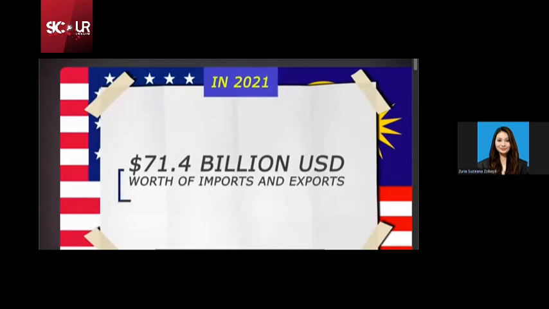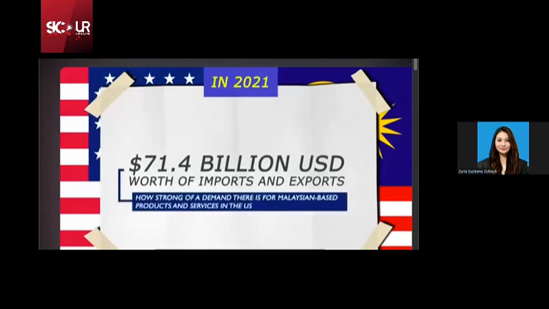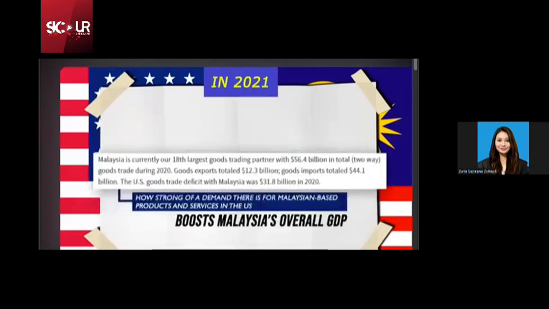Clearly, a sign that shows how strong the demand is for Malaysian-based products and services in the US. This huge surplus is more than likely a big figure that consistently boosts Malaysia's overall gross domestic product, as it is also evident across numerous years that Malaysia has always had a surplus with the US in terms of trade.